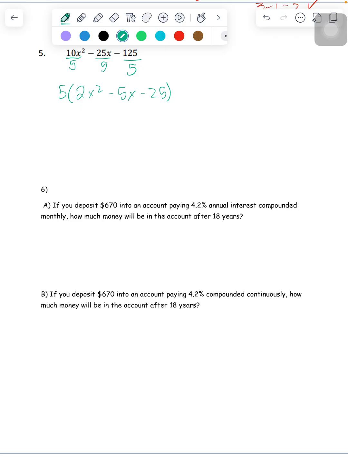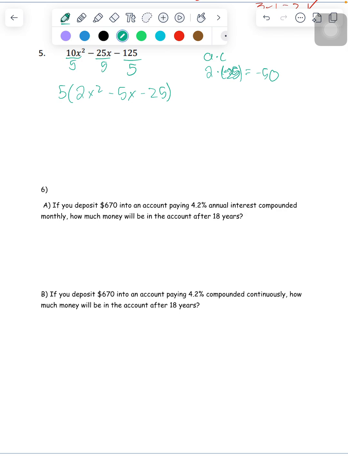Now, remember, we have to look at the factors. We have to do A times C. What's A times C? My A here is 2, times negative 25, which gives me negative 50.